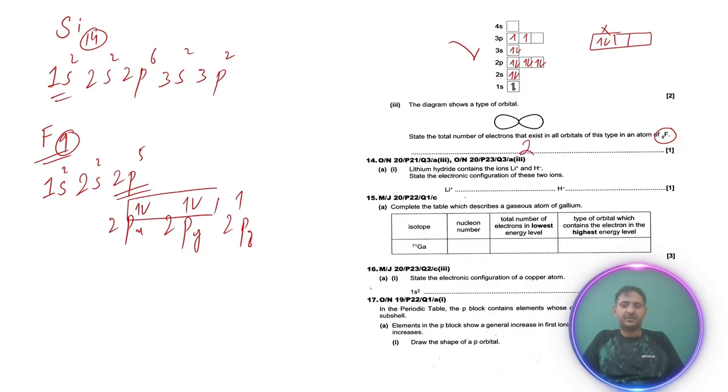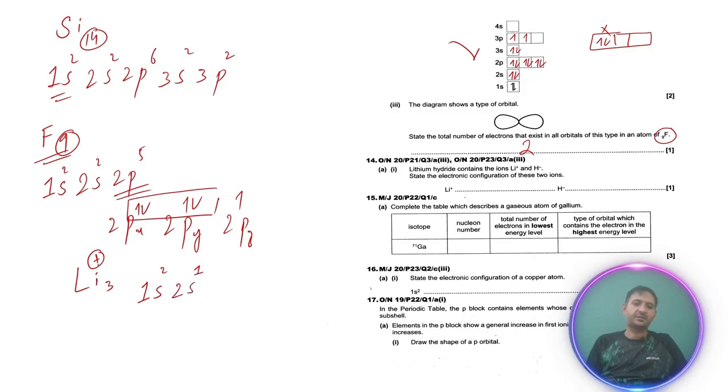Please check this. Okay, lithium hydride contains lithium and hydride. State the electronic configuration of these two ions. So the atomic number of lithium is 3. Lithium, it is a positive charge. Atomic number is 3. It means 1s2, 2s1.